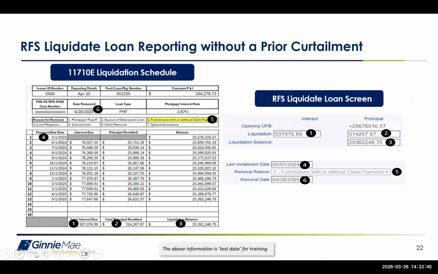Number 4 is the payment date on the 11710E and the RFS last installment date. Number 5 is the removal reason, which should be code 3. Foreclosure with or without claim payment if a reimbursement claim is being submitted. And last but not least, number 6 is the actual removal date. Next slide.